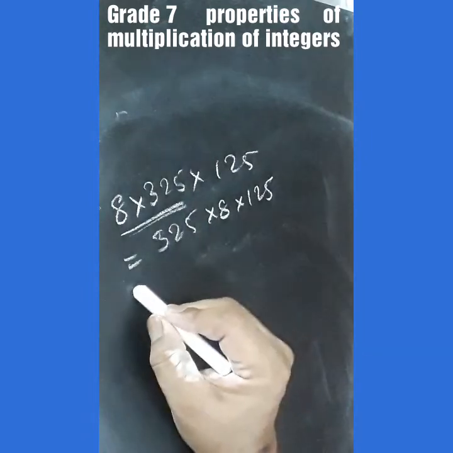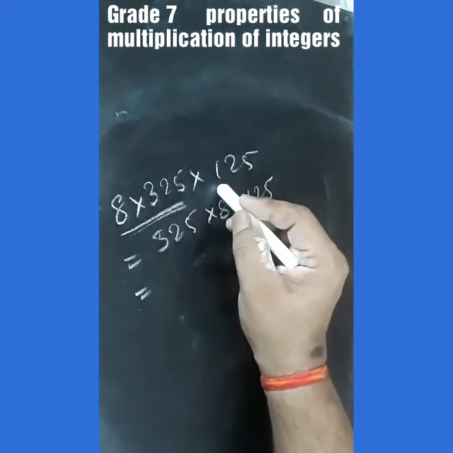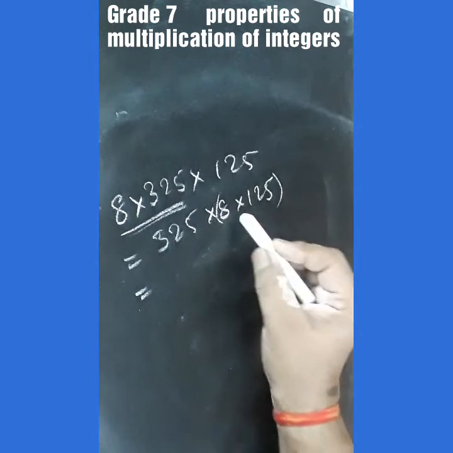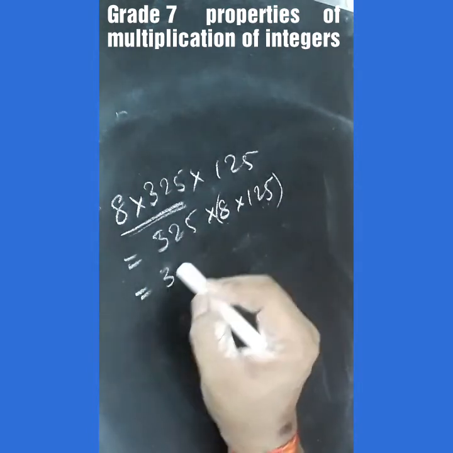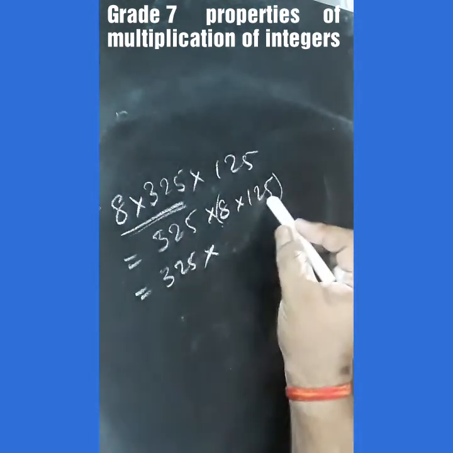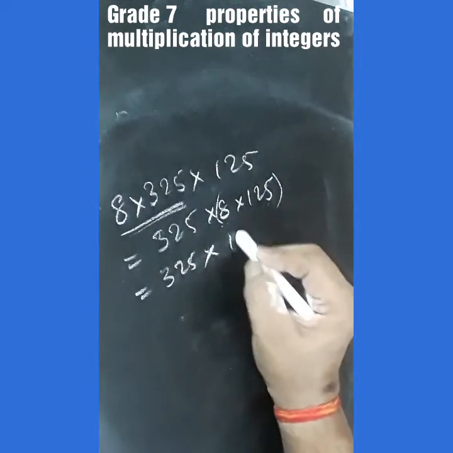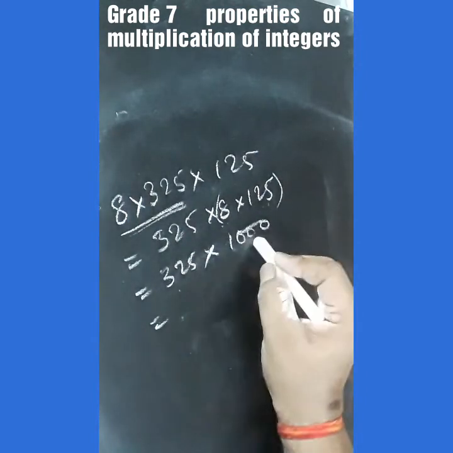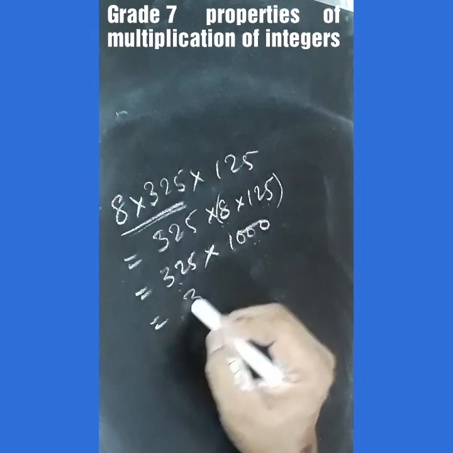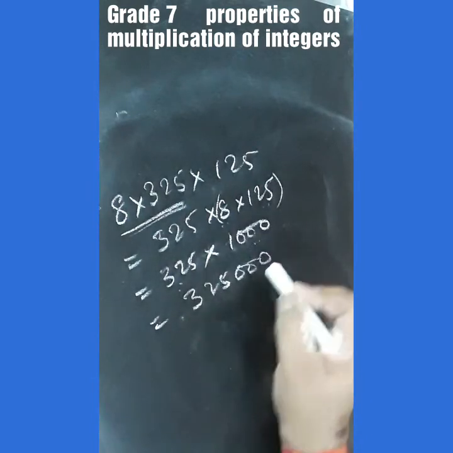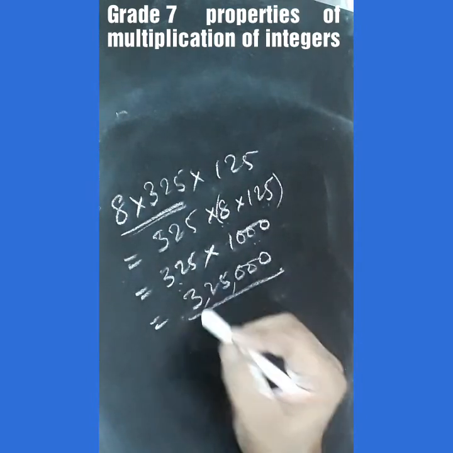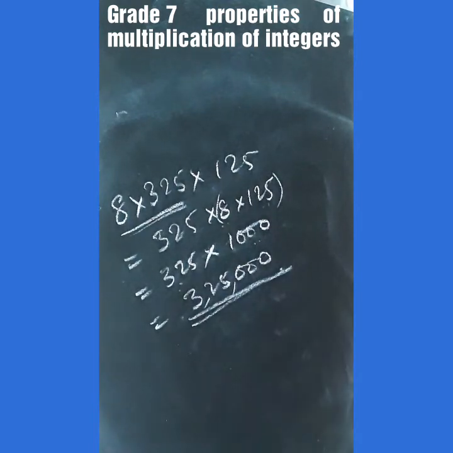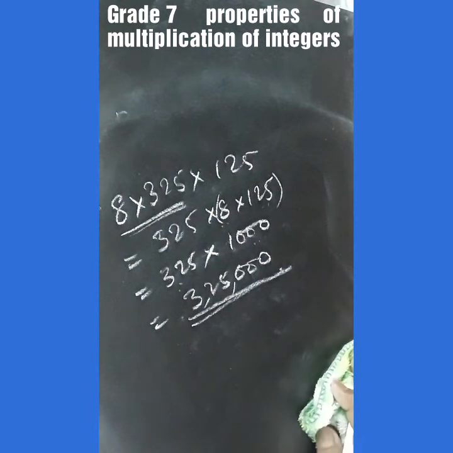We have used commutative property. Now we are going to use associative property. We will multiply these two first. 325 into (8 into 125), we get 1000. Now it's very easy to multiply this. We can write 325 into 1000 means 3,25,000. In this way, if we use these properties, it becomes easier to solve the sums.